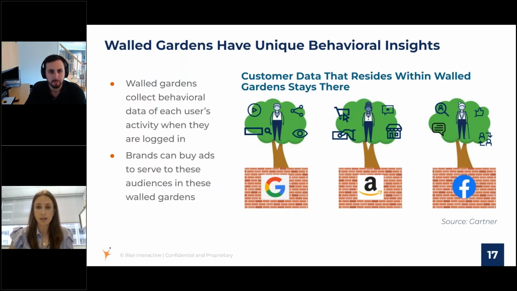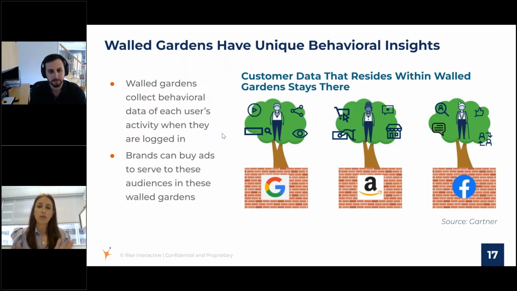So when I log into Amazon, Amazon knows what products I'm browsing, which ones I'm spending more time with, how often I'm revisiting a certain product page. Based on that information, they can infer certain attributes about me and my intent to purchase a product or a different upsold product and what have you. And so advertisers have been able to take advantage of these unique insights that each of these different walled gardens have.